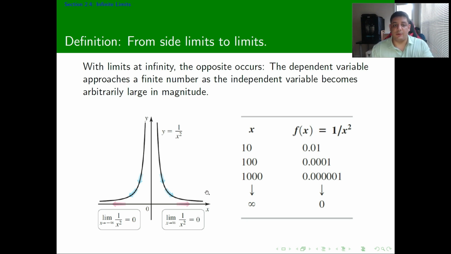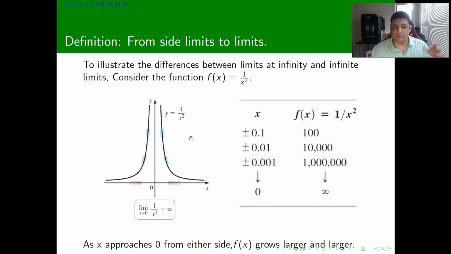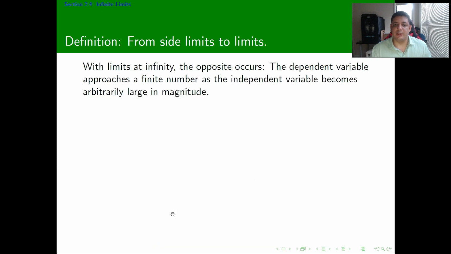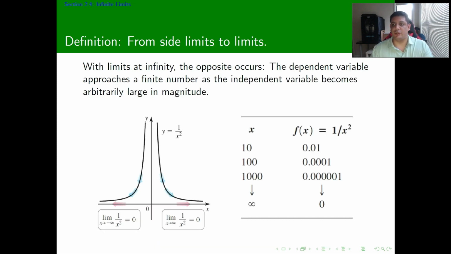So this is what we call a limit at infinity, in opposition to the one before, which was an infinite limit, which is when the limit is actually infinite. So that's going to be the topic of discussion of this section and the next.